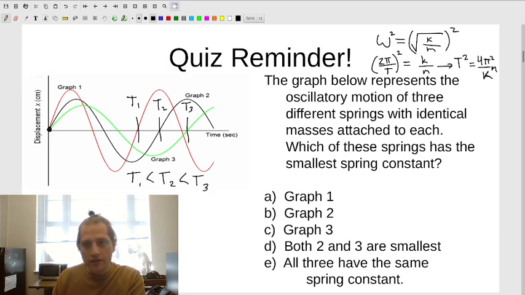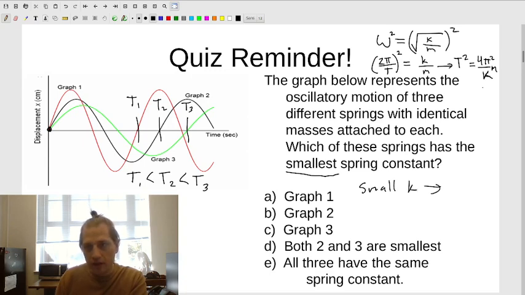And it asks us which one of these has the smallest spring constant. So small k would go with a big T, so I guess our answer has to be graph 3.